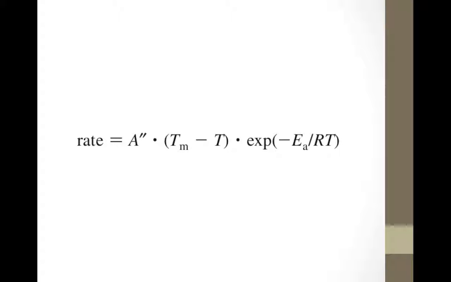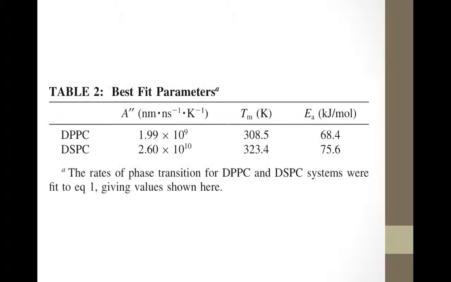A coarse-grained model study reported a linear dependence of domain curl with a slightly higher coefficient, 0.007 nanometer per nanosecond Kelvin. This table shows it too.